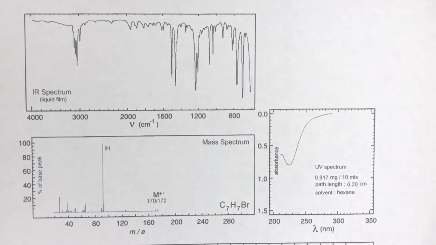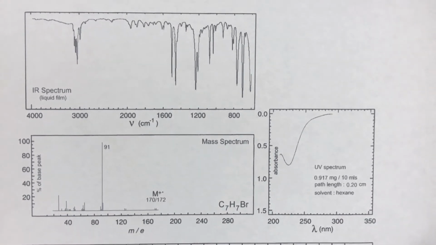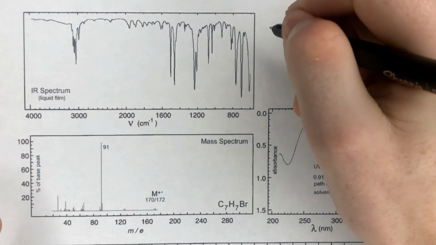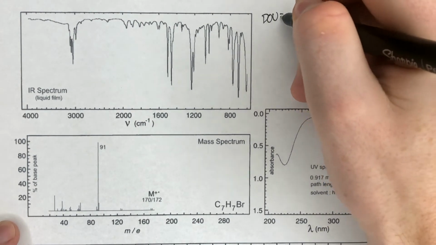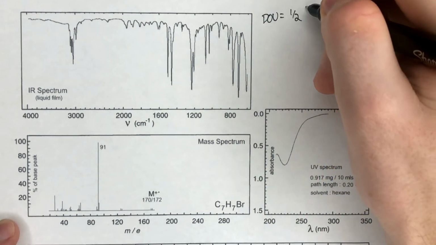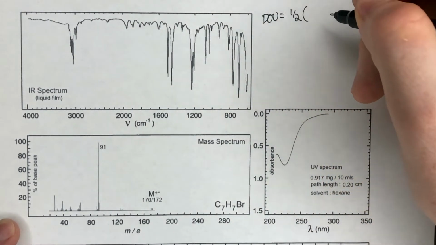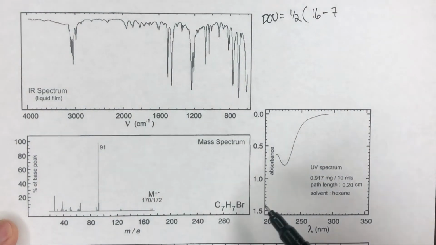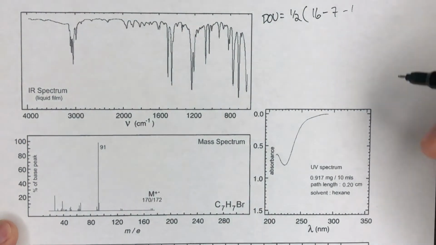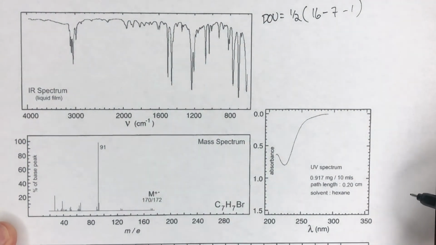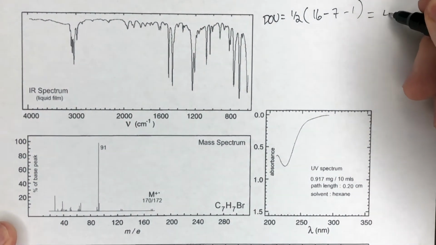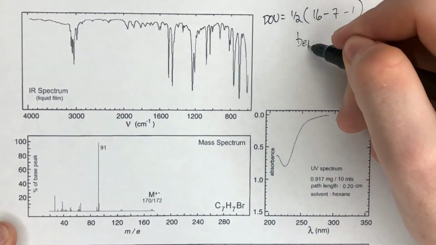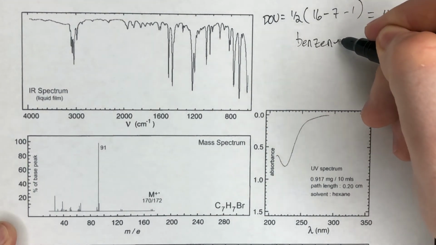All right, here we have another question. Let's start with the degrees of unsaturation, as usual. So we have 7 carbons, so 7 times 2 is 14, plus 2 is 16, minus 7 is 9, but then we also have one halogen that we need to subtract as well, so that's actually 8. Divided by 2 is, of course, 4. So again, this is very suggestive of the benzene.